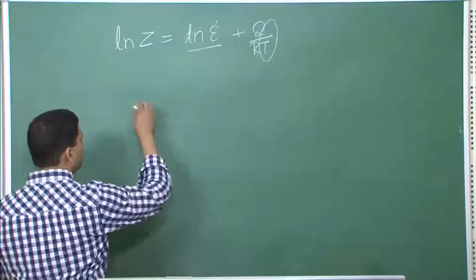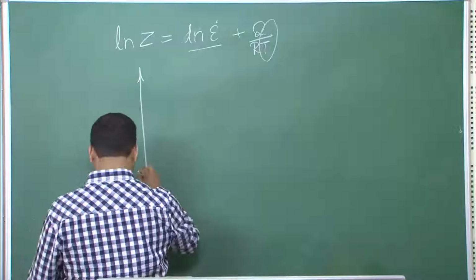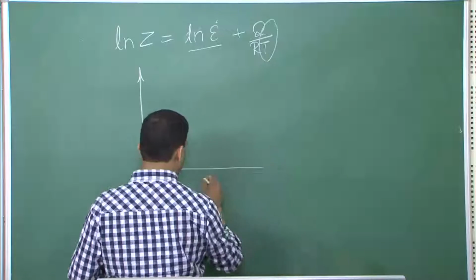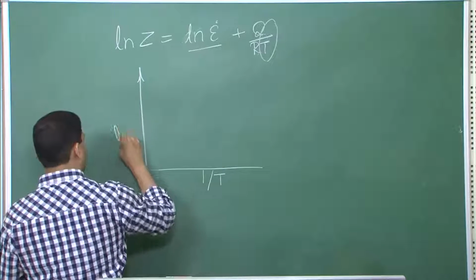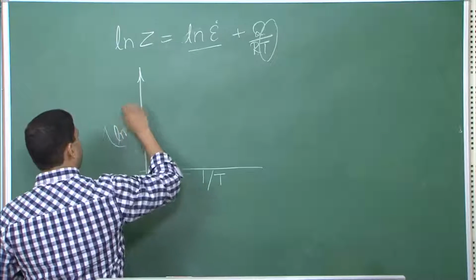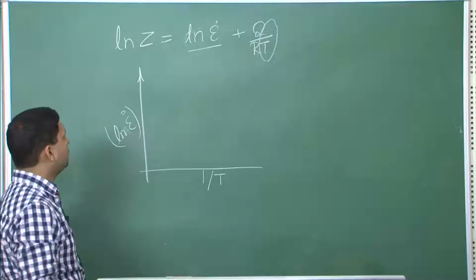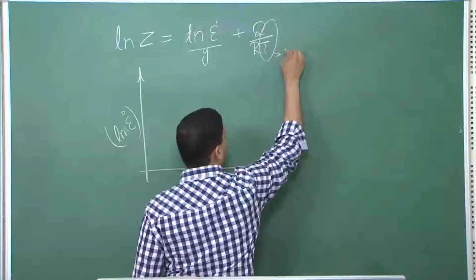And therefore, what you would get are equations or lines like this. So, this is your y, like we said, and 1 over T is your x.